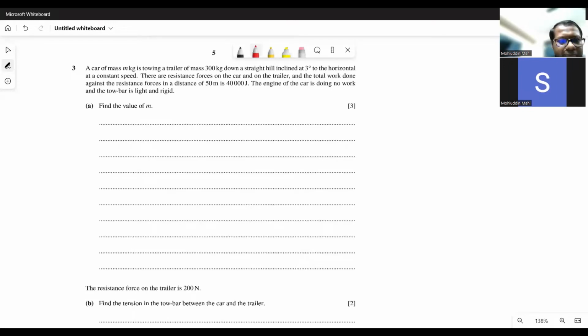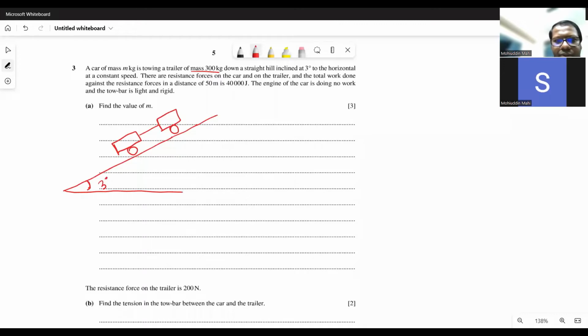So, an inclined surface and the angle is 3 degrees with the horizontal, and a car of mass m kg is towing a trailer of mass 300 kg down a straight hill. So that means the car and the trailer are moving in the downward direction. That's the car, say for example, and that's the trailer. It's moving in the downward direction.